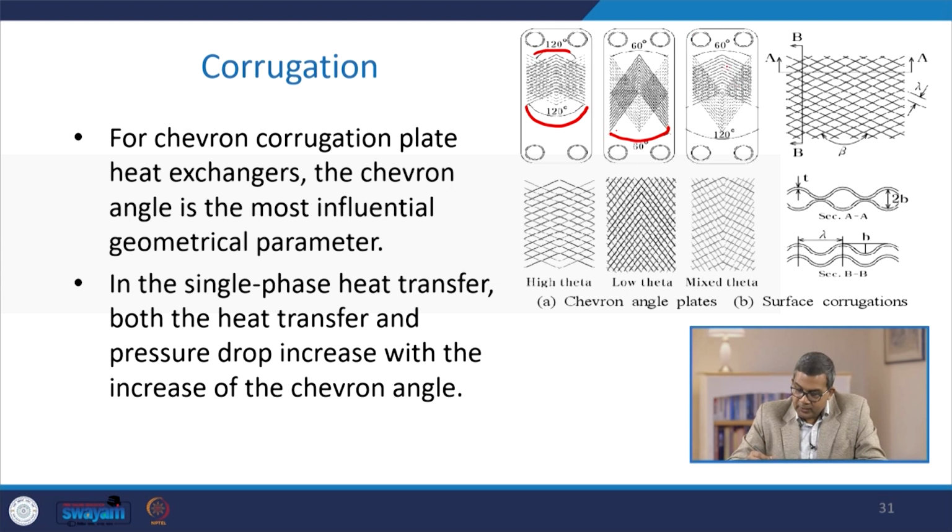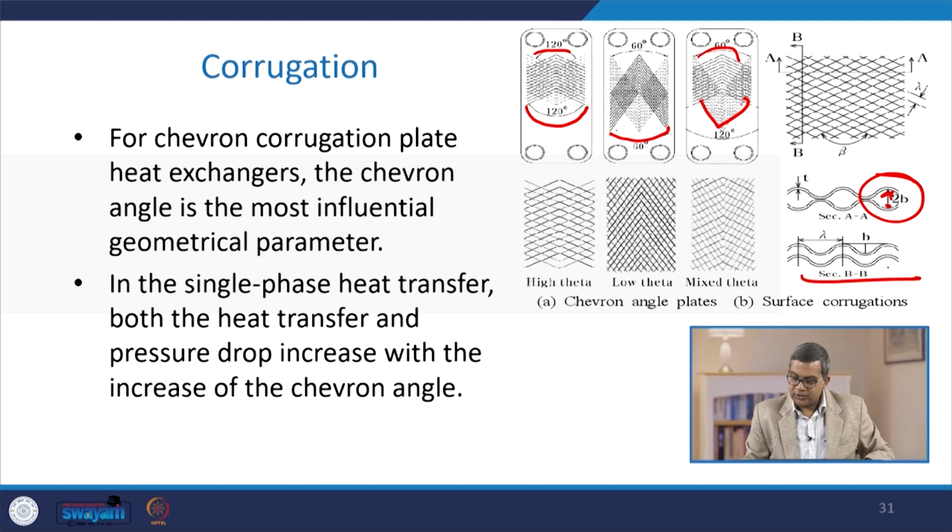Here you see a mixed Chevron angle, 120 and 60. Similarly, in single phase heat transfer, both the heat transfer and pressure drop increase with the increase of Chevron angle. Here you see the pitch and theta. So this is the surface corrugation.